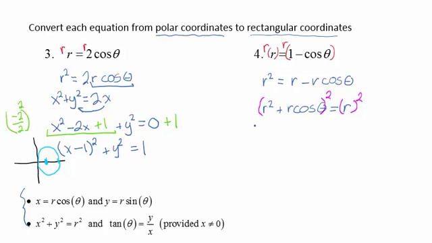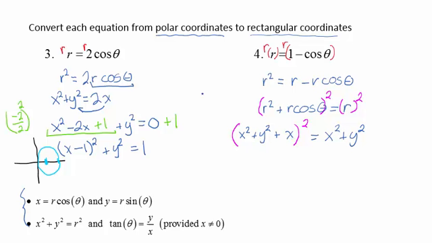This would give us on the left-hand side r squared, which we know is x squared plus y squared. r cosine of theta, we know that as x. And then on the right-hand side, the r squared that we have, we again know is x squared plus y squared.